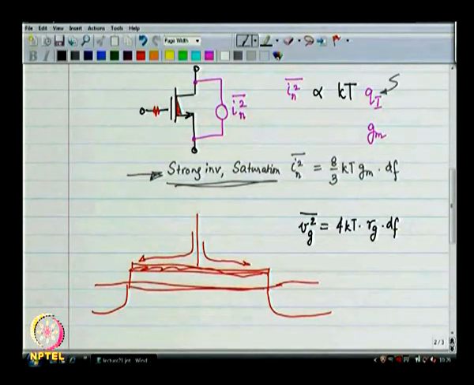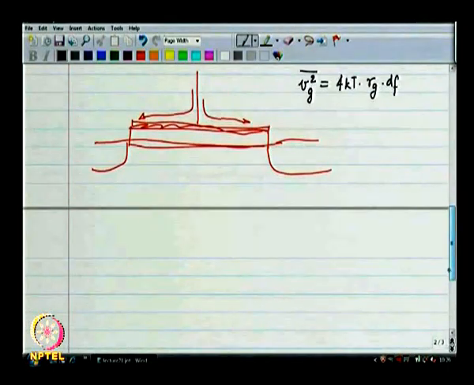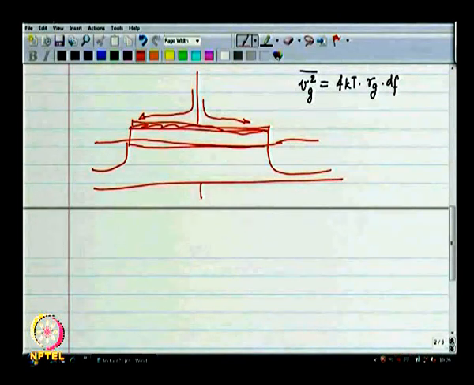Then there is also the substrate. Now, I am putting the body contact over there, but the body contact is really somewhere else.